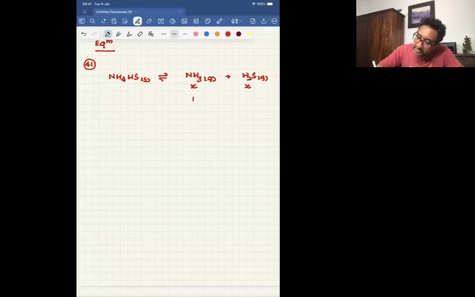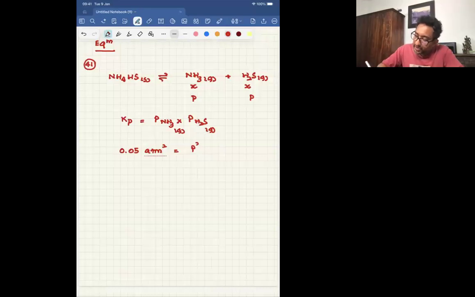So the partial pressure is P for both. Both partial pressures are the same. So Kp is equal to the partial pressure of ammonia times the partial pressure of hydrogen sulfide, both in the gas phase, right? Kp is equal to 0.05 atm squared. This is equal to P times P, P squared.